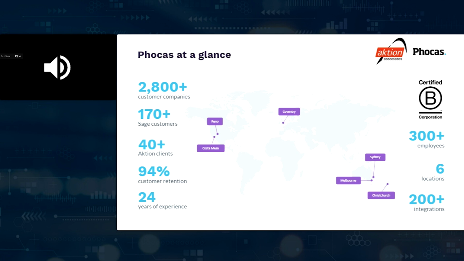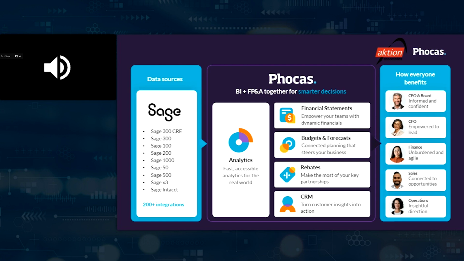So that includes dashboards, pre-built reports, financial statement automation. All of these different things are what we like to call plug and play. So everything that you're going to see today is pretty easy to spin up out of that 300 CRE environment. And it's something that was built with customers. So we have a very good handle on what you're looking for. And Hayden will show you all of that soon.